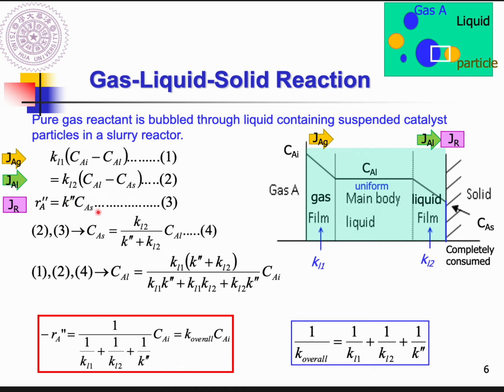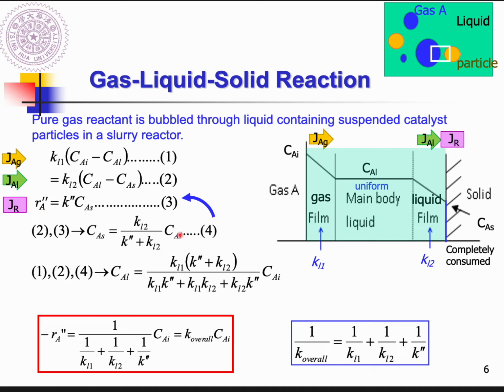This relationship will help you substitute CAS in terms of CAL and CAI. So how to do that? You use equations 2 and 3 to get CAS in terms of CAL, and you directly use this term to substitute here. So RA double prime equals K double prime times this term.